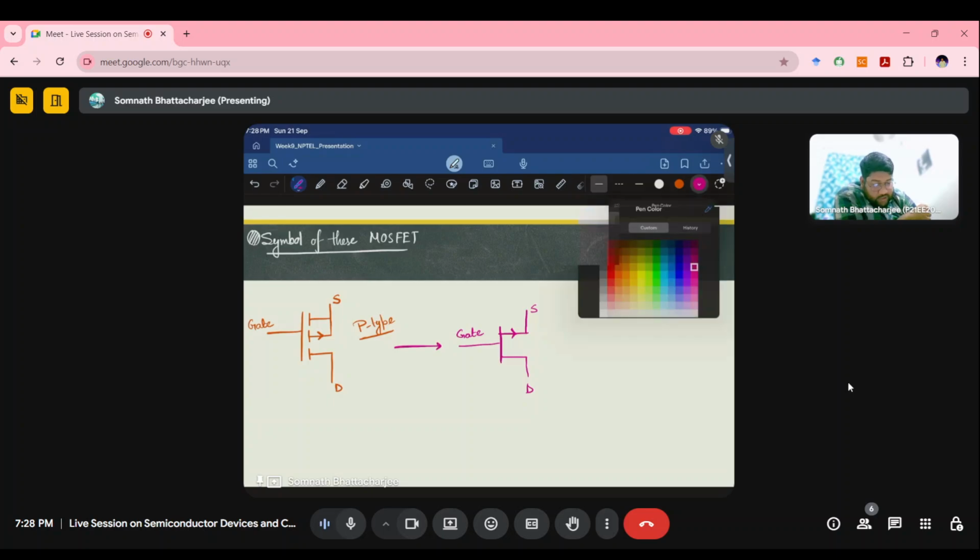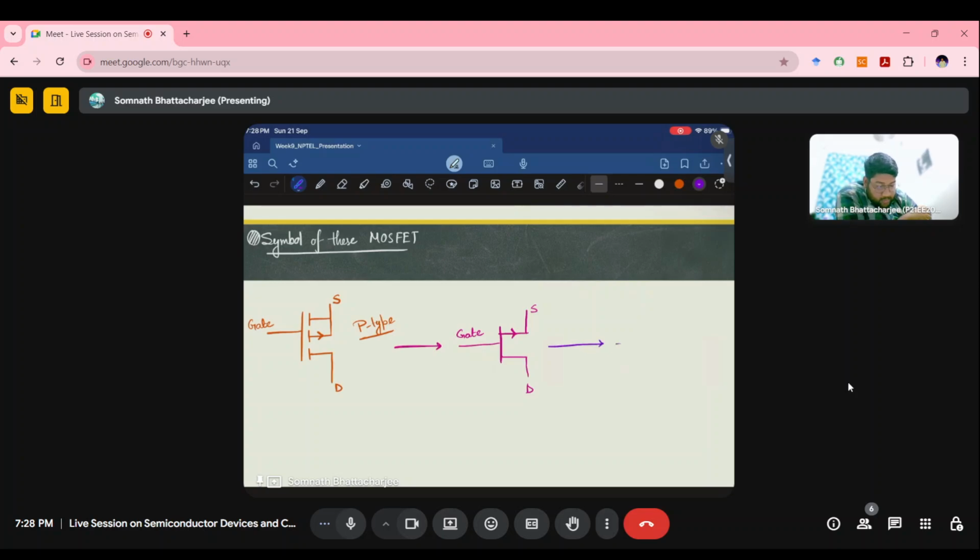And we can further simplify it like this for the p-type and n-type cases. This one will have, I guess, the dot. And this is the gate terminal, obviously. All of this structure will also have this.